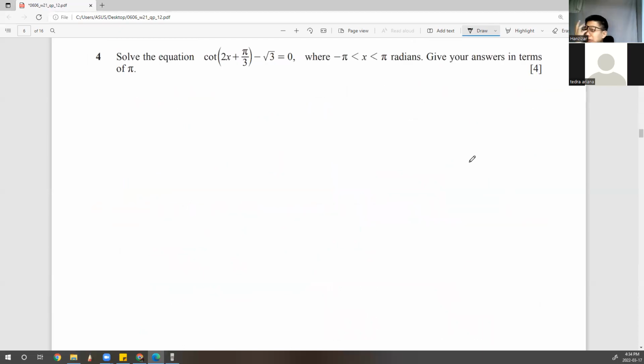Now, solve the equation: tan equals square root 3. So in terms of radians, in terms of pi, you have to make sure that you know the formulas of trigonometry: sine, cos, tan, and the angles. It's so challenging.